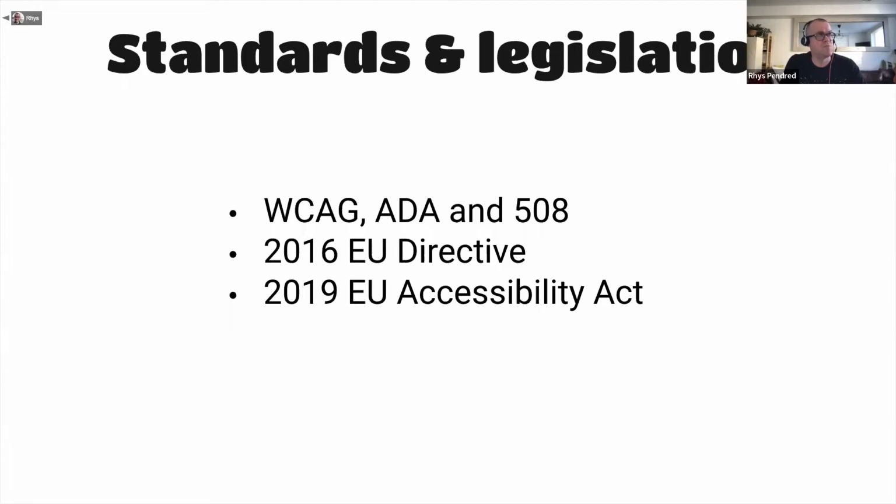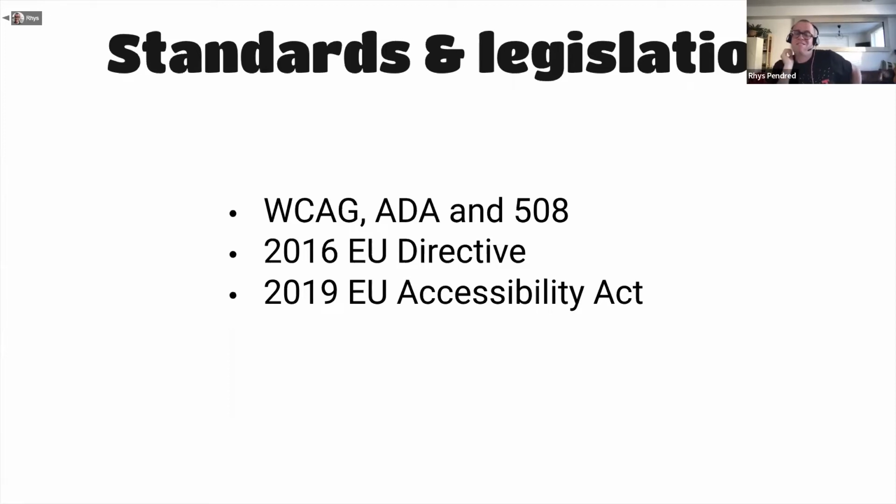There are also some other similar standards. The USA in particular has the Americans with Disabilities Act and Section 508. I think 508 refers to federal bodies, so they have to comply with that.